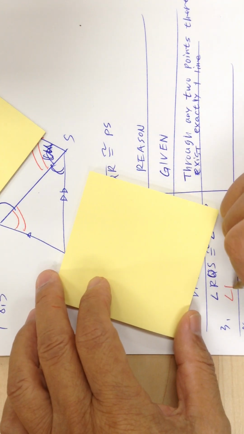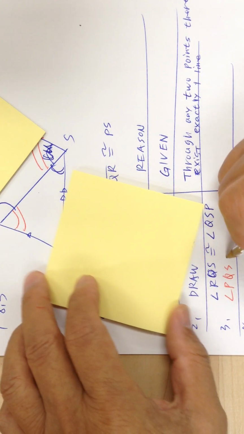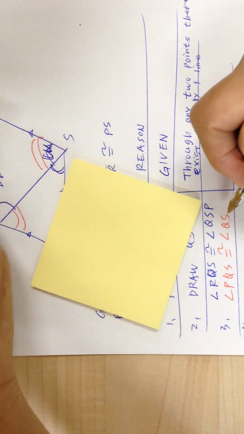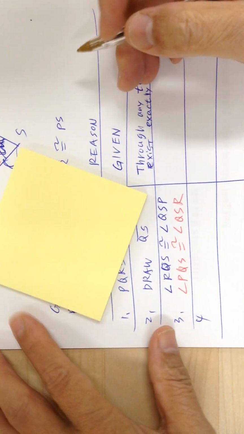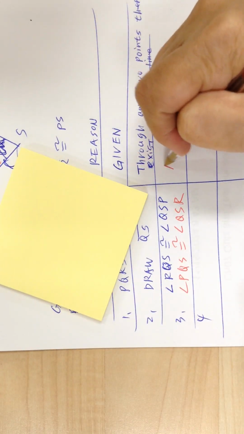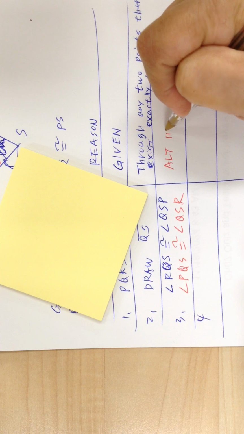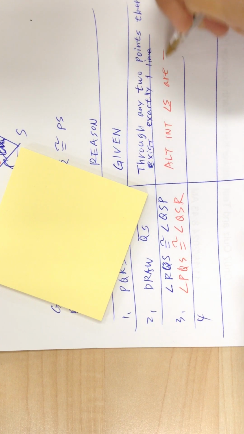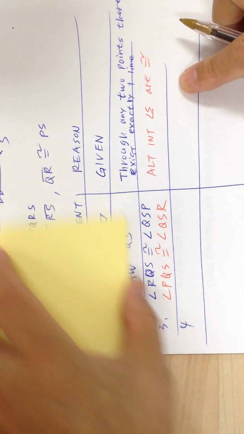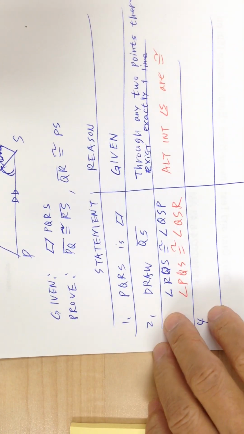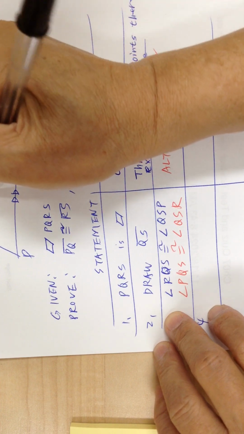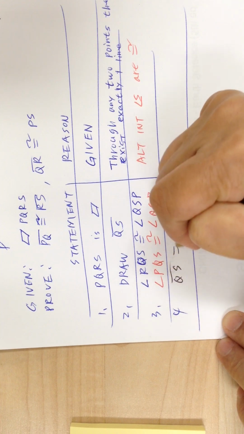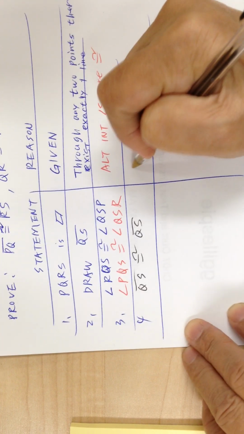Angle PQS is congruent to angle QSR, and the reason is these are alternate interior angles, which are congruent. Next, we're going to use the reflexive property: QS is congruent to QS, and this is reflexive.